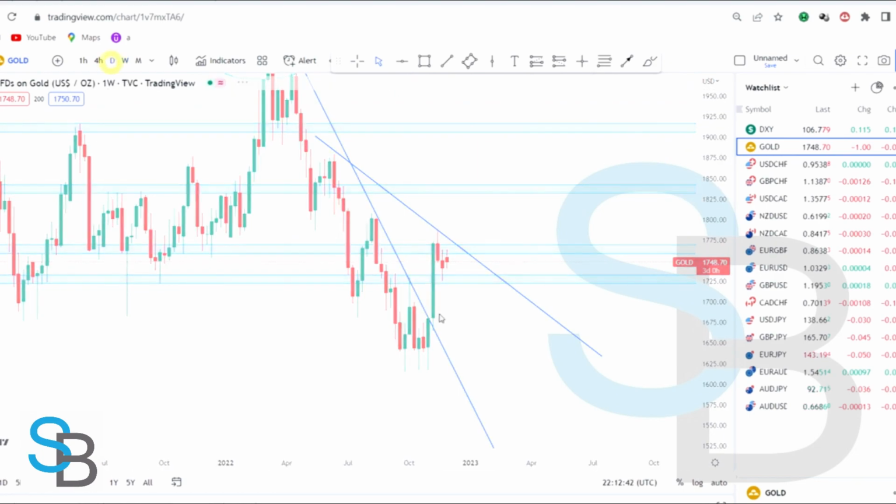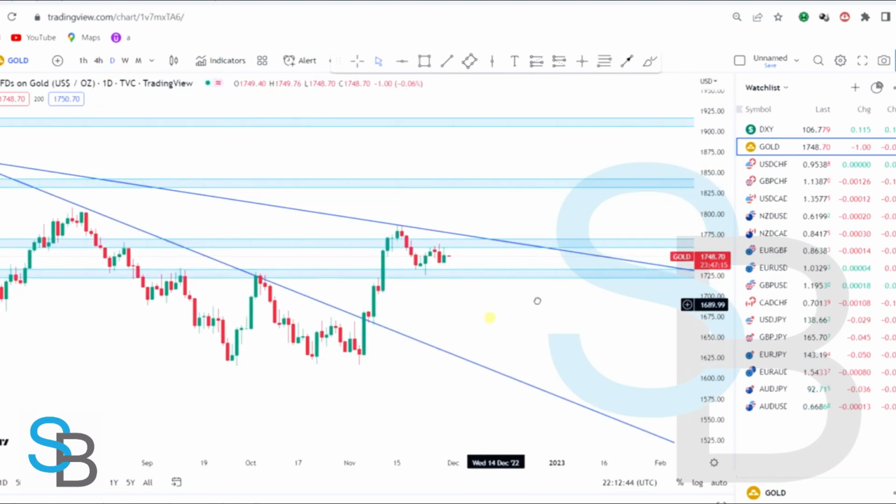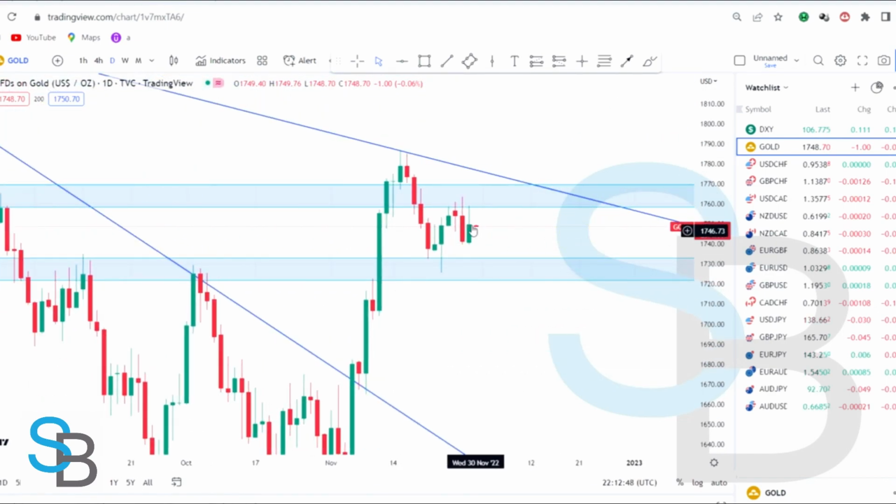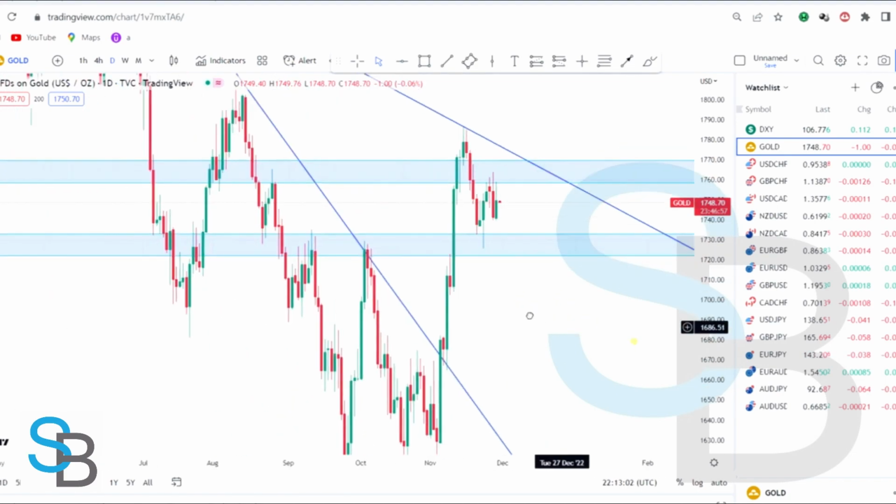Okay guys, so let's just go down to the daily, and for the daily I actually entered the sell here because I saw this day finish as a sell candle, and then this kind of formed like an evening star, right? An evening star.